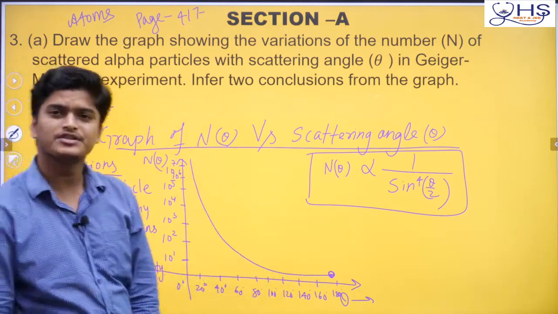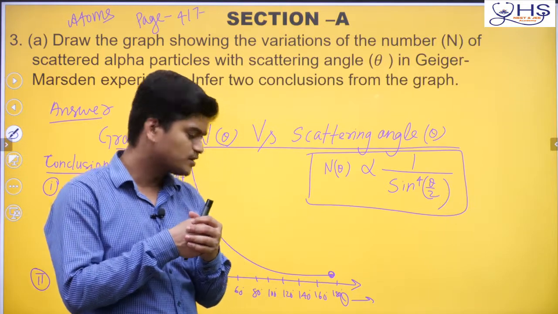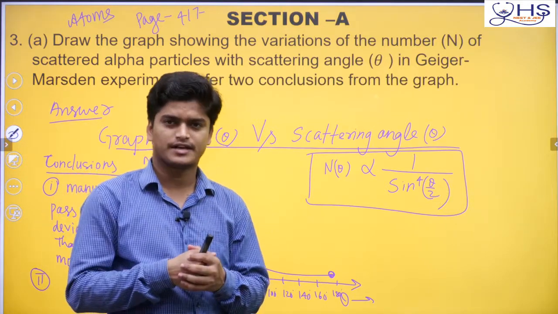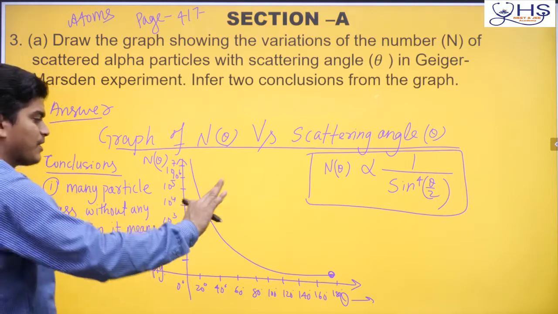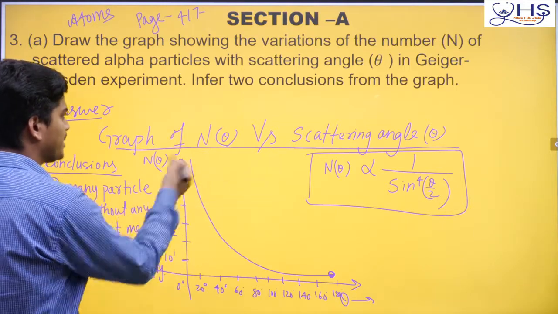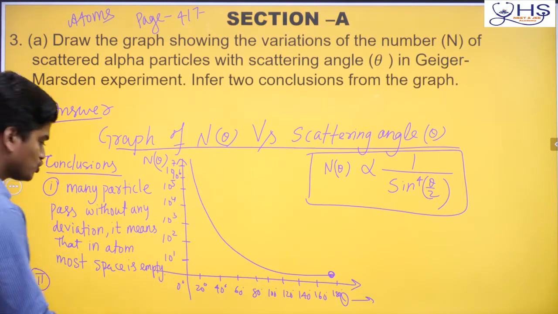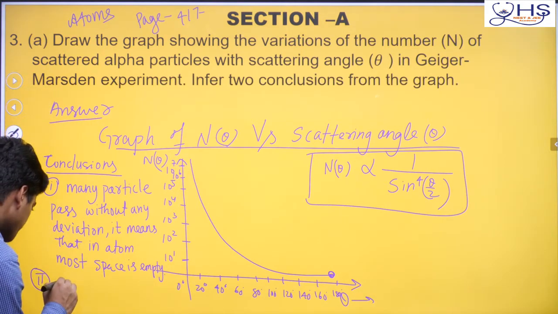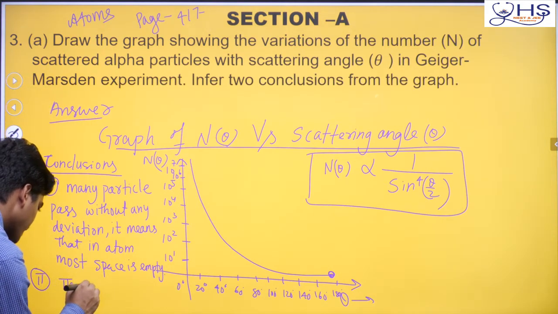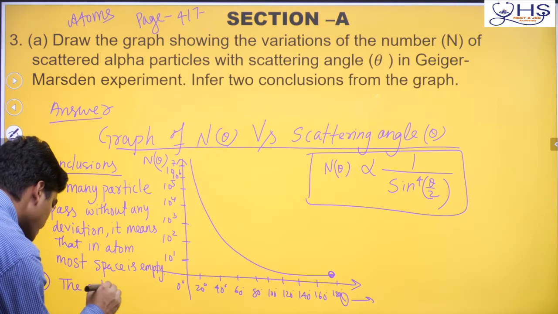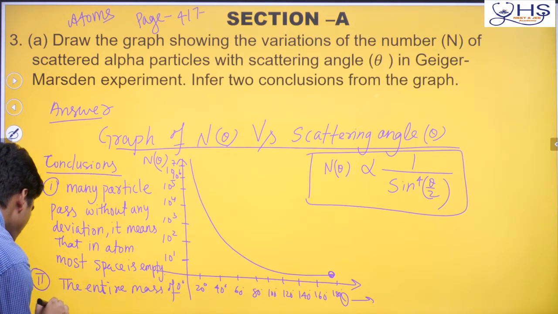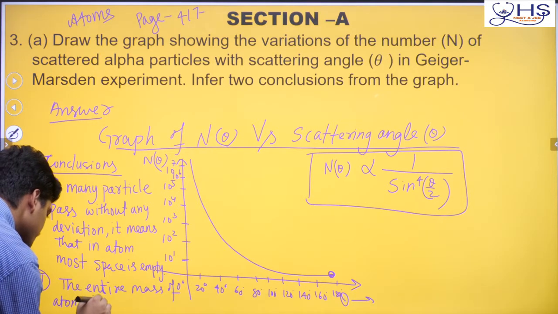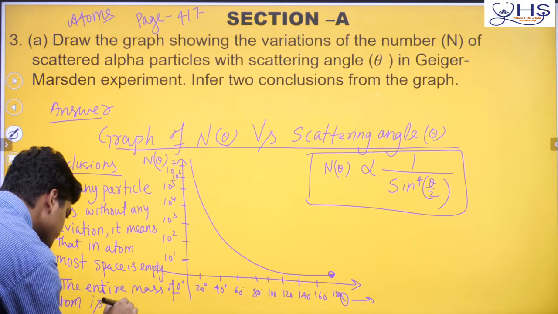Few particles at larger scattering angle means what? Now there is a certain positive charge inside there. Okay, some positive charge is there which is repelling these alpha particles, because alpha particle was positive. Their experiment was with alpha particles only, no? So the alpha particle was positive. So what can you tell? Now the entire mass of the atom is concentrated where?